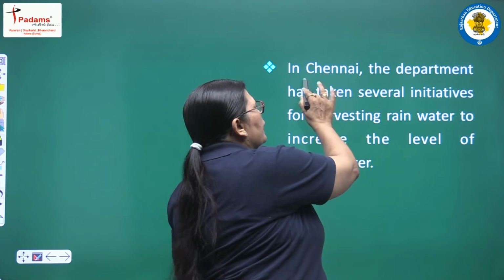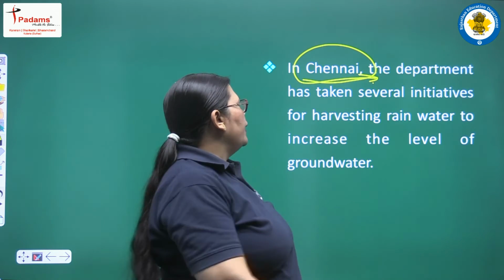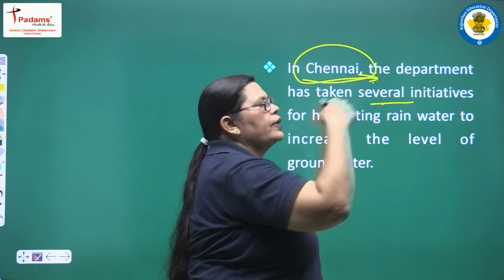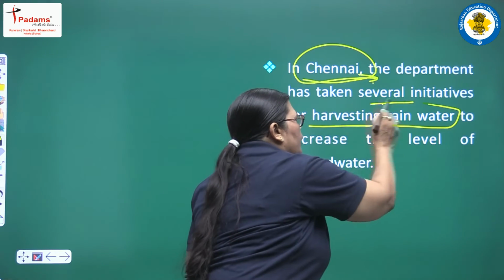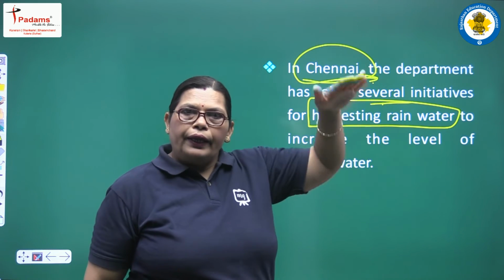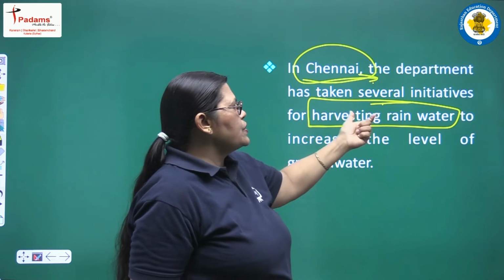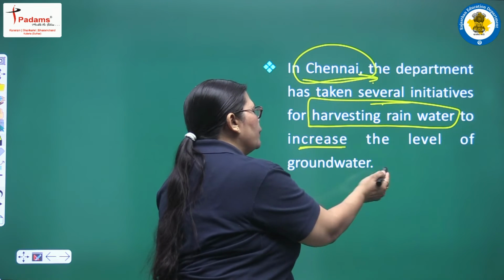Again considering Chennai, in Chennai the department has taken several initiatives for harvesting rainwater. This is the main example of using rainwater harvesting systems to increase the level of groundwater.